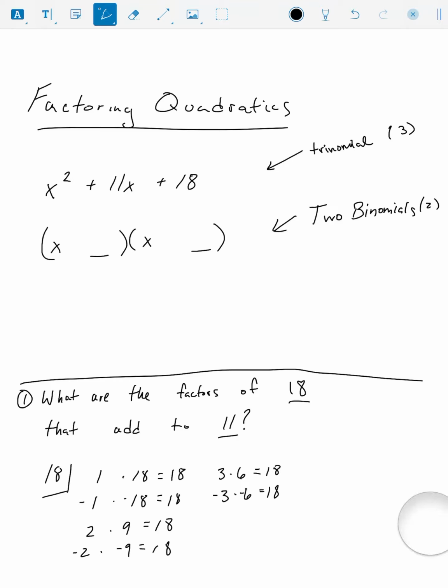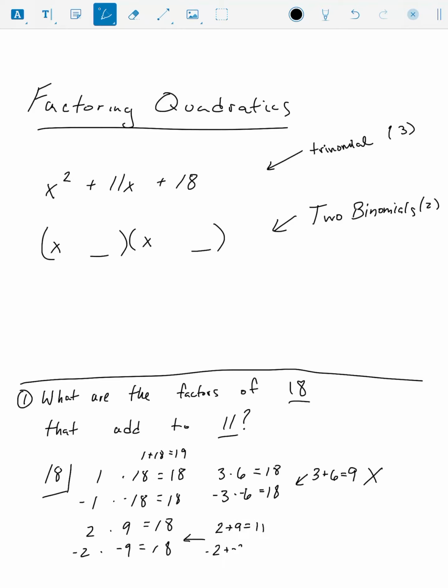Well, let's start with the last one I just did. 3 plus 6 equals 9. So that can't be our choice. The first factor I wrote down, 1 and 18, well, 1 plus 18 equals 19. Can't be the case. And if we look down here at 2 and 9, well, 2 plus 9 equals 11. And negative 2 plus negative 9 equals negative 11.